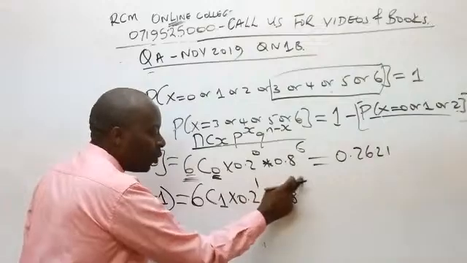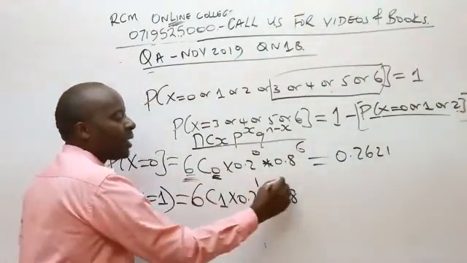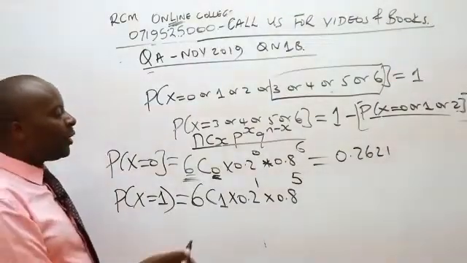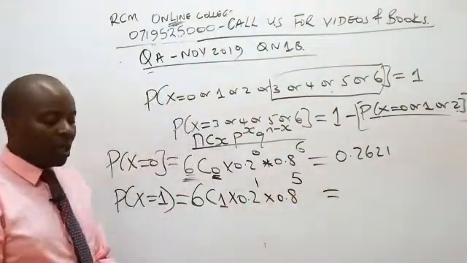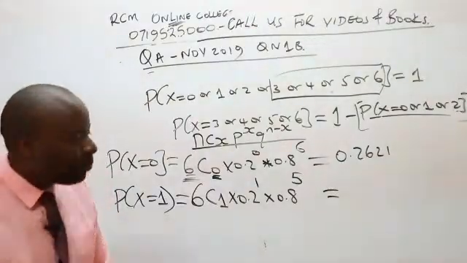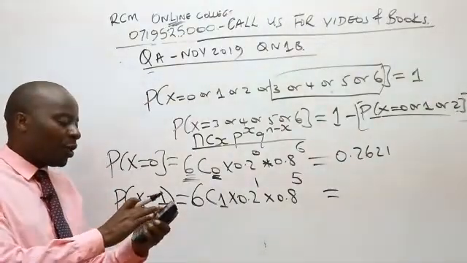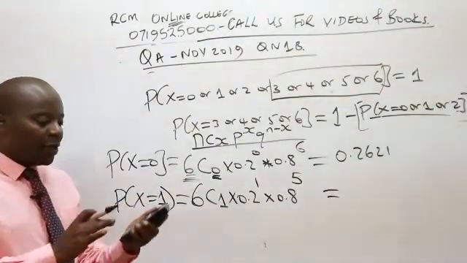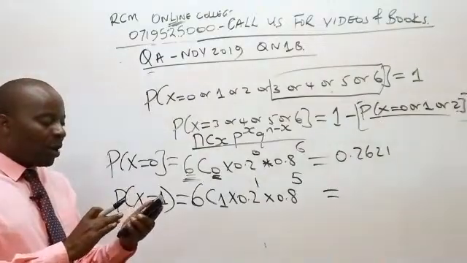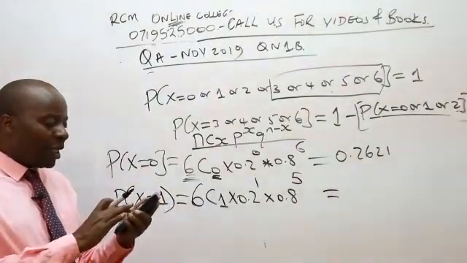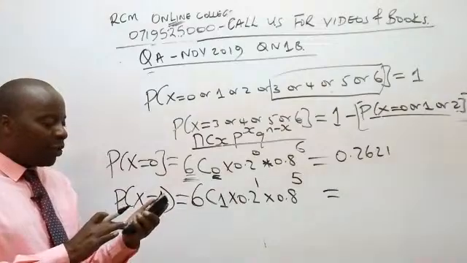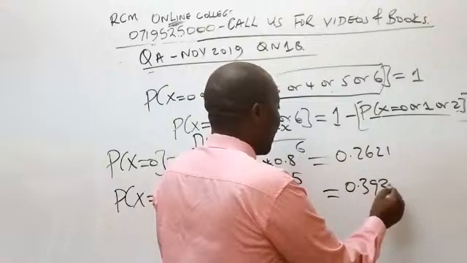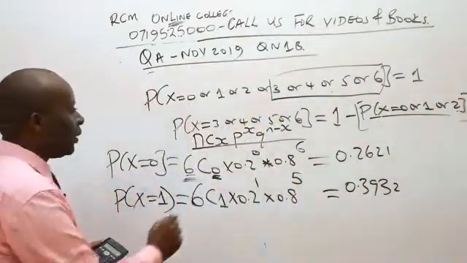I know that the two powers must always add up to this. It means that the power of Q will be 5. So ladies and gentlemen, again, armed with your calculator, come right away here, press 6 combinations 1, times 0.2 raised to power 1 times 0.8 raised to power 5, which at the end of the day will give us 0.3932.